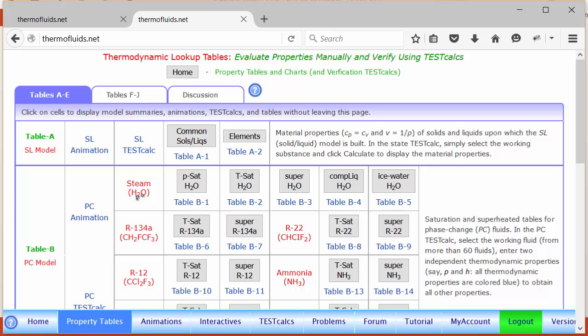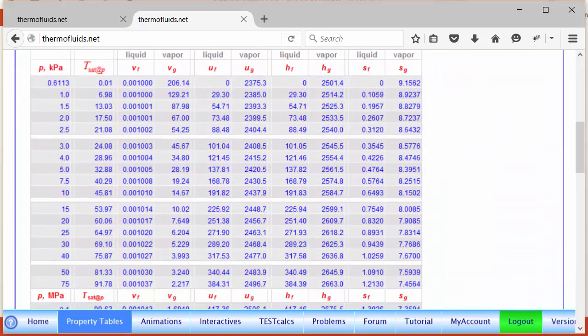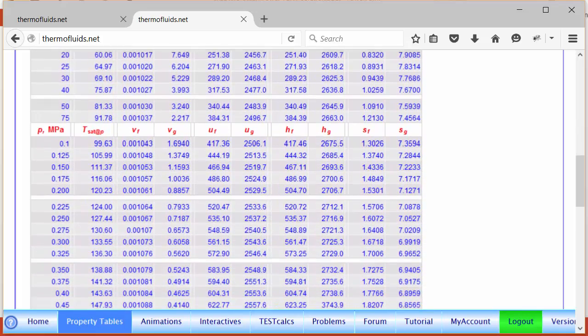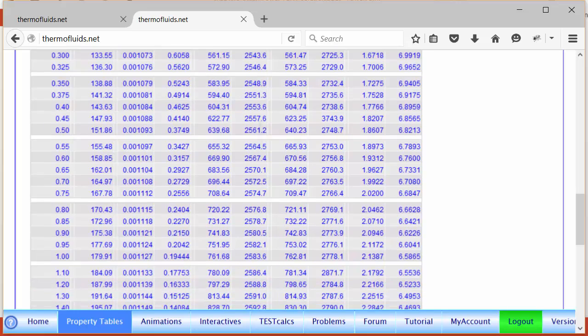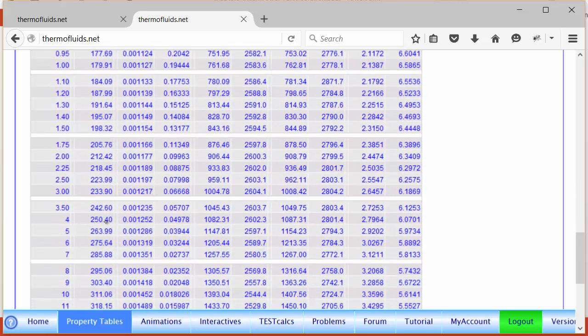And in the PC model, steam, you go to the saturation pressure table and look for pressure 4 MPa. At 4 MPa, the saturation temperature is 250.4, about 250 degrees Celsius.